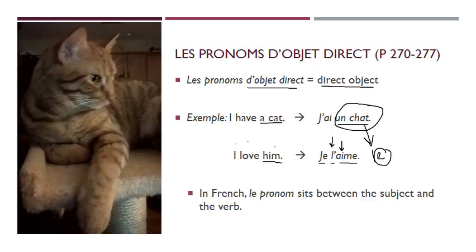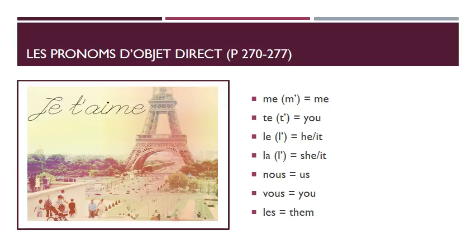Now, since it's been literally weeks since we've talked about this, let's go over what all of the pronoms d'objet direct are. So, on this side, we have it in English, and on this side, we have it en français. So, as you can see, me is me, you, te, he or it, le.